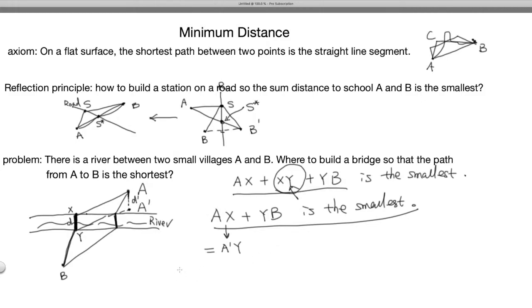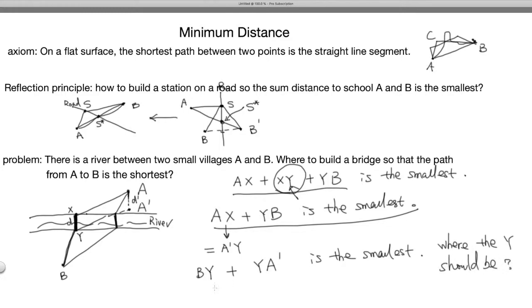Now the question becomes, I want to find a point Y on one side of the bank such that BY plus YA prime is the smallest. And the question, of course, is where Y should be. Now do you see, is this problem familiar?